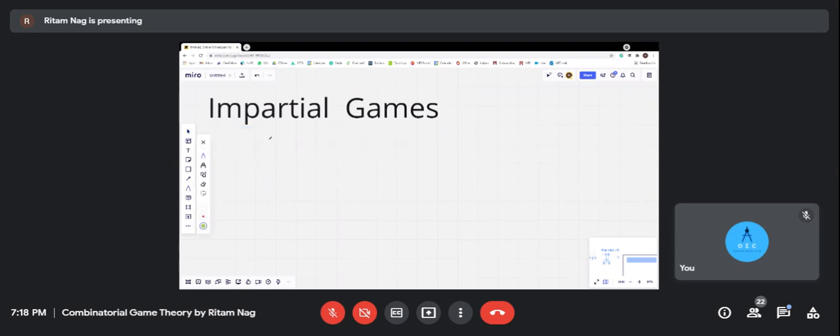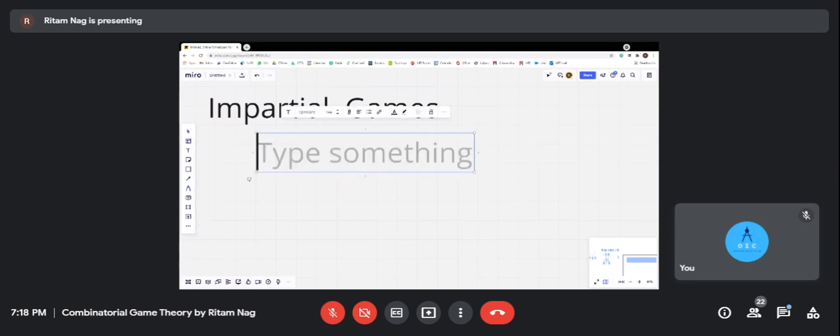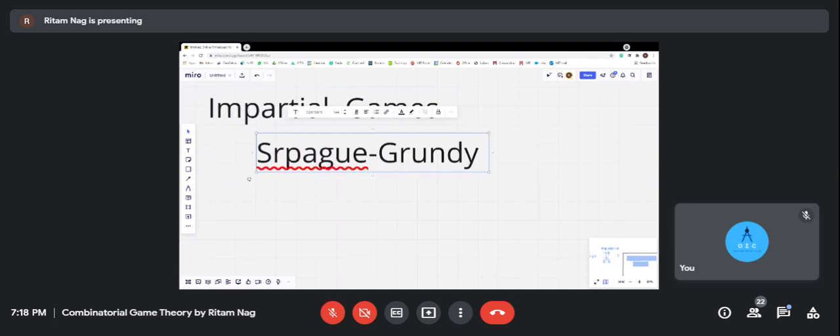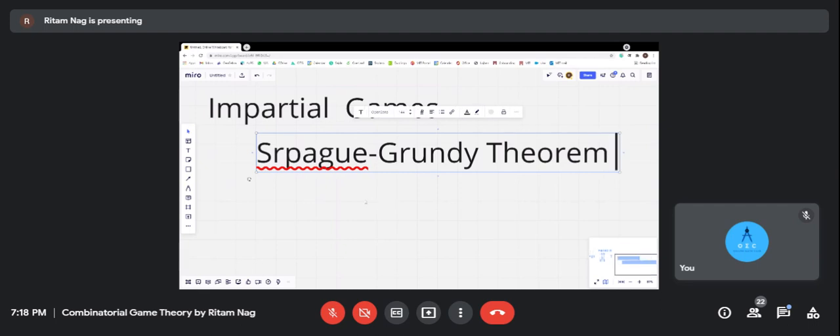There's a rather important theorem which states that every impartial game is actually equivalent to a NIM game in a certain sense of equivalent.